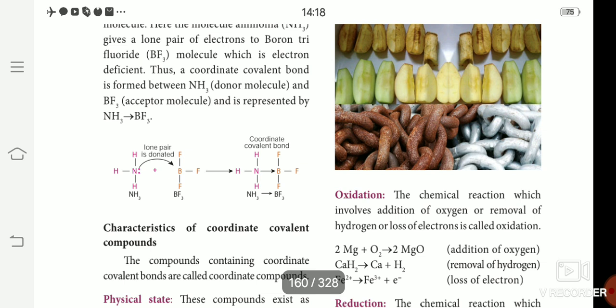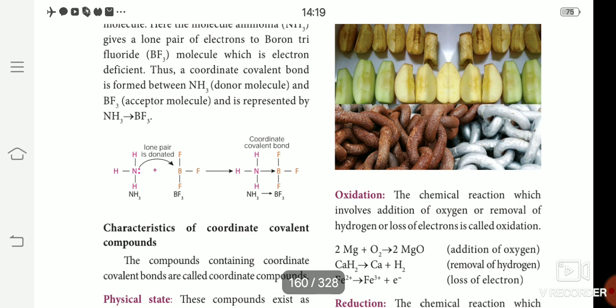So this compound has bad electrical conductivity, and then melting point and boiling point. This compound has a high melting point and a high boiling point.